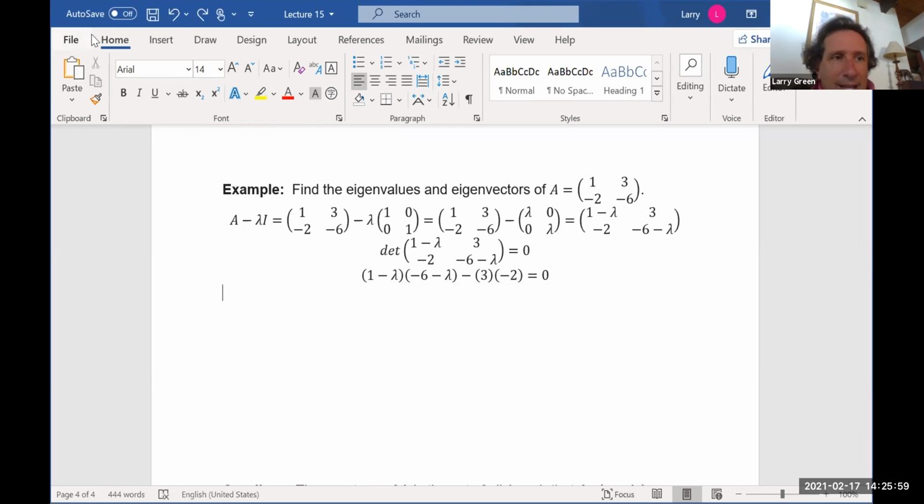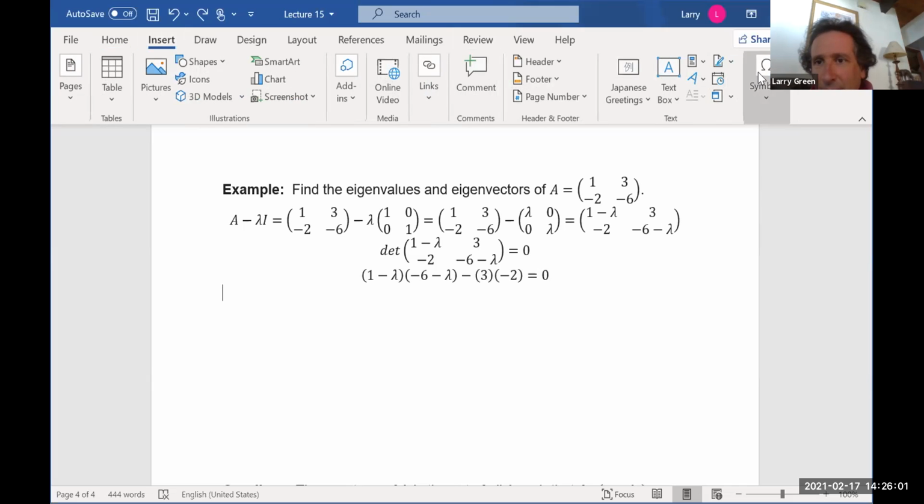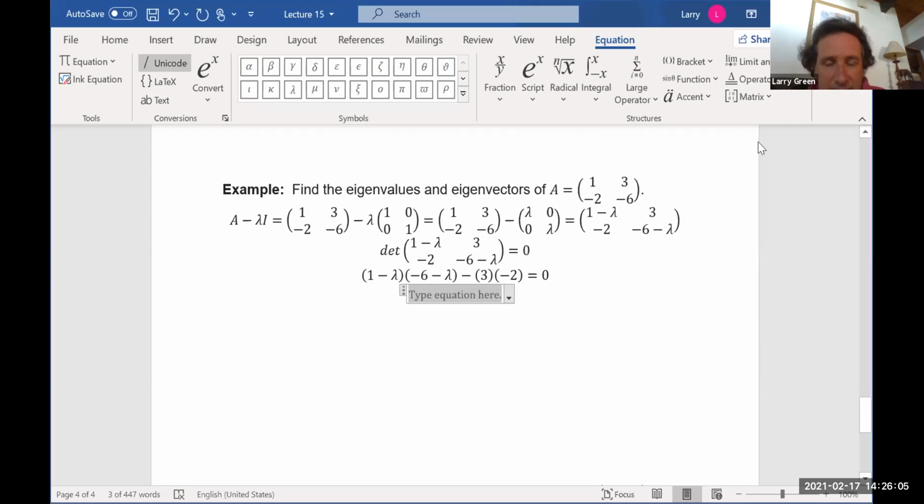Okay, now that I have that, I just continue on. And the good news is now it's basic algebra. Intermediate algebra, I should say. So a FOIL, and I get lambda squared. And then we have, let's see how many lambdas we got. We got a 6, and then minus 1 is 5 lambda.